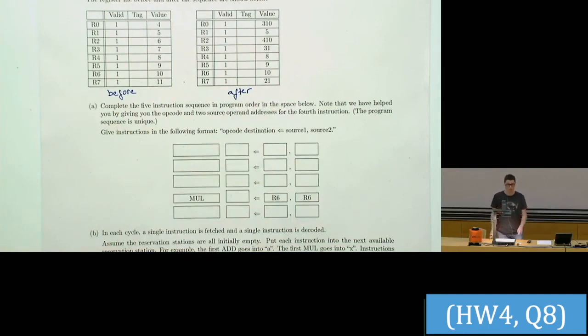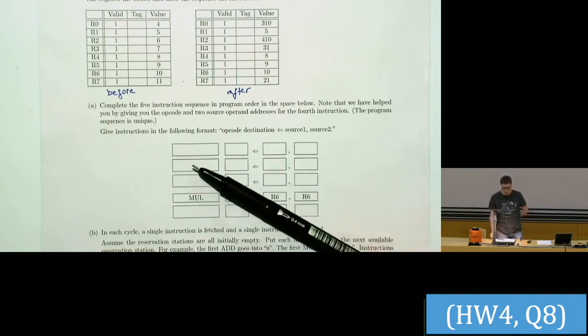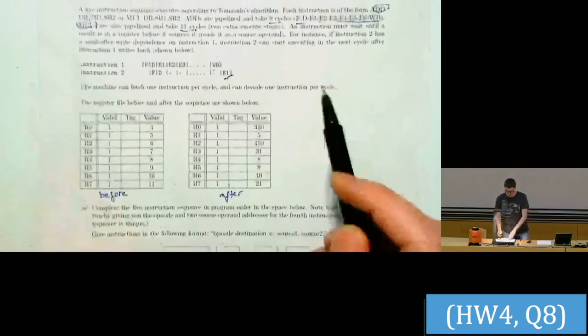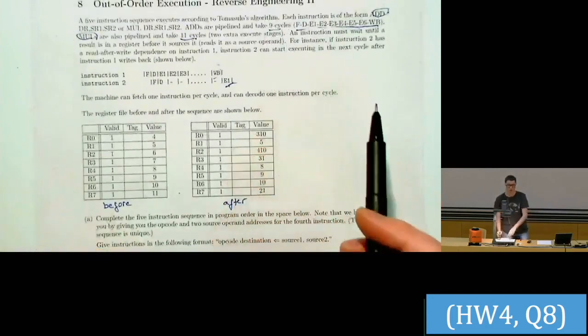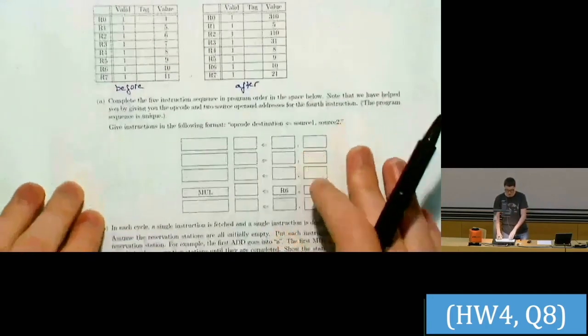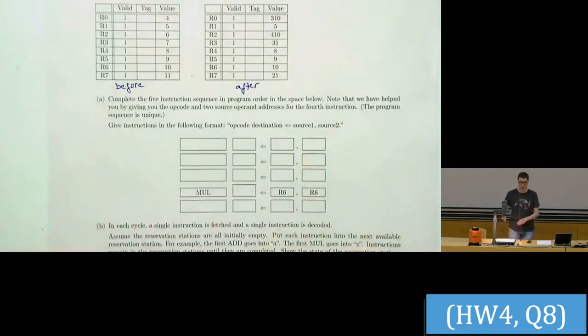Yes? In the previous question, we said that if there is a data dependency, we can only start a decode after the write back finishes, and now we're assuming that we can start executing after the write back finishes. Right. That's because of the difference between in-order execution and out-of-order execution, specifically with Tomasulo's algorithm. So here it is a little bit different, and you will see as we solve the question.